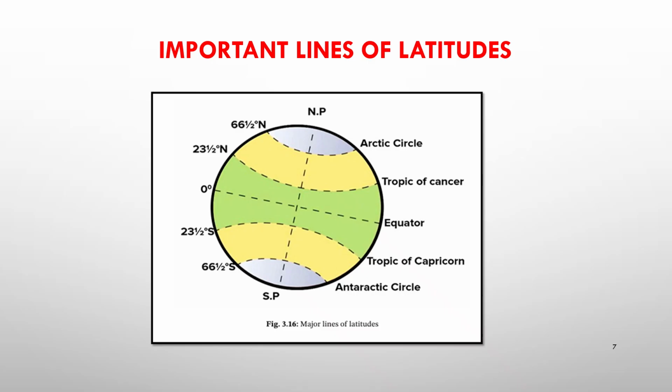That is around June 21st. This latitude passes through several countries, including Mexico, Egypt, and India. The region between the equator and the Tropic of Cancer experiences tropical or subtropical climate.